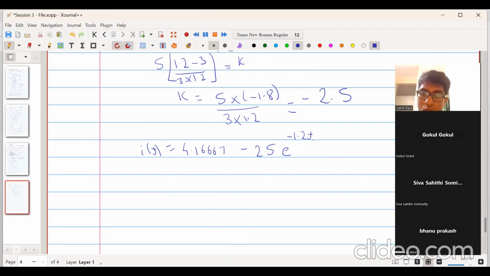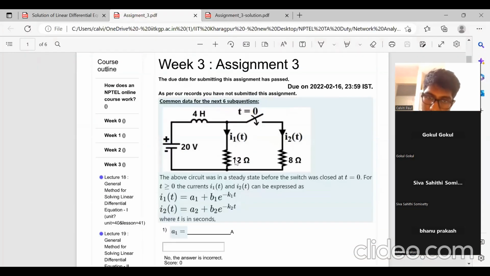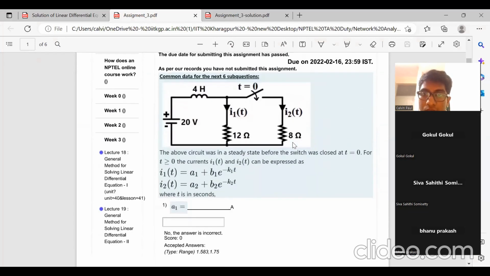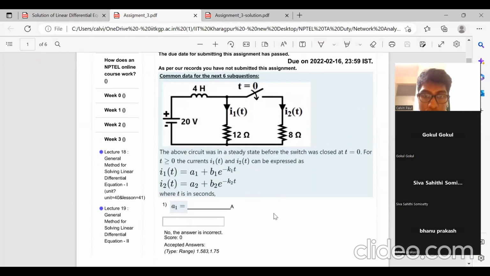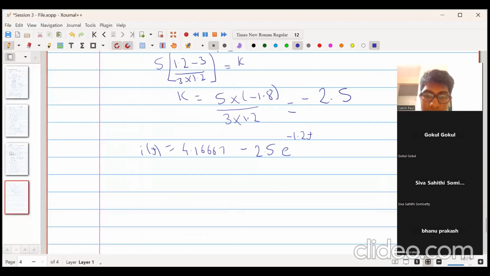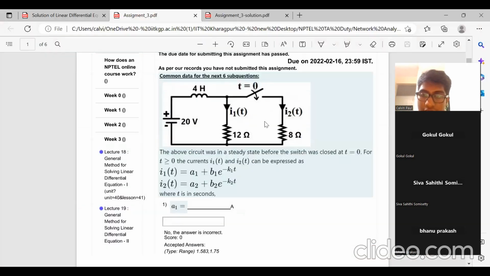So this is what we have got. But what is the question asking? They want us to find the current through this resistor of 12 ohm and the current through this resistor of 8 ohm. So how do we get it? What are your suggestions? How to find the current I1 of t and I2 of t?